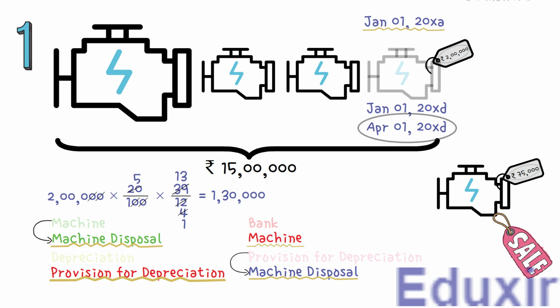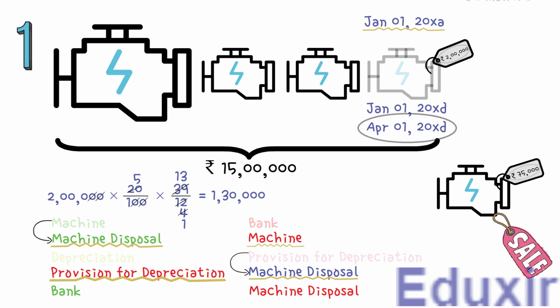As this machine is now part of the machine disposal account, we should credit the machine disposal account and not the machine account. At the same time, as the payment for the sale of this machine is assumed to be received in the form of check, and as this check will be realized in the bank, the asset available with the business will be increasing, and hence we should debit the bank account.